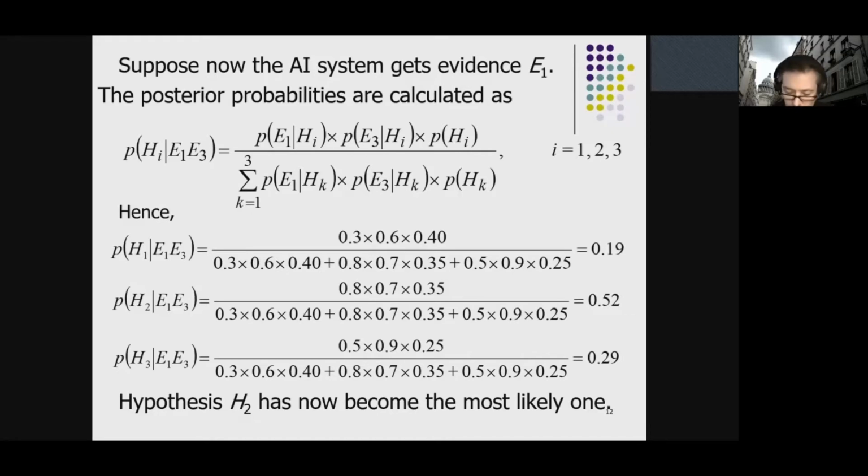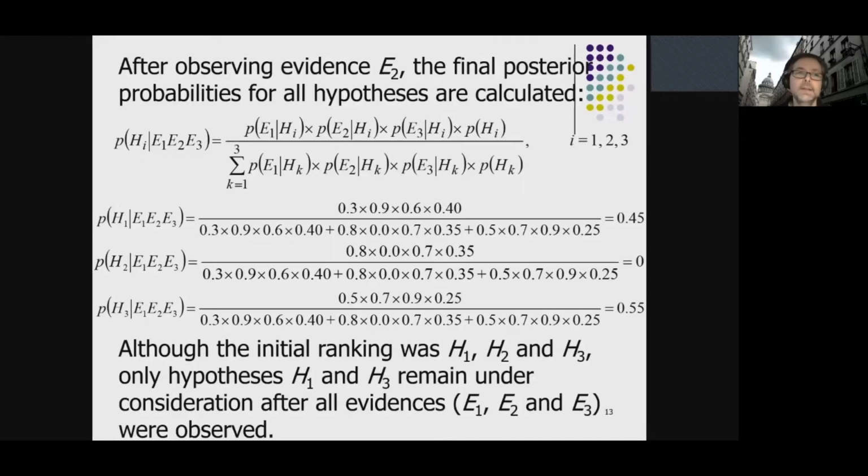But we haven't finished. Let's do one more cycle. In the next cycle, we assume that E2 is observed. So the system gets more information. It remembers that it has seen E1 and E3. So all the data together are E1, E2, E3.